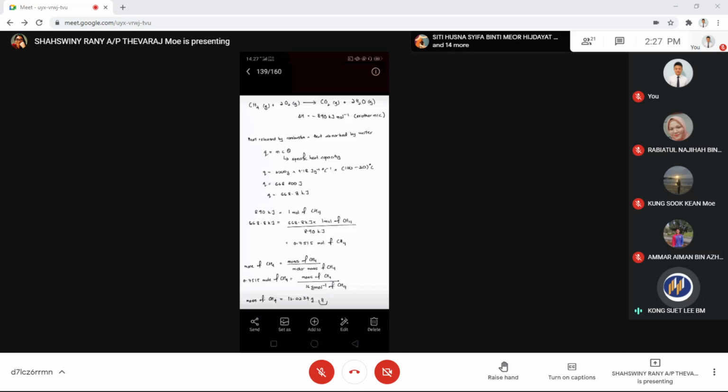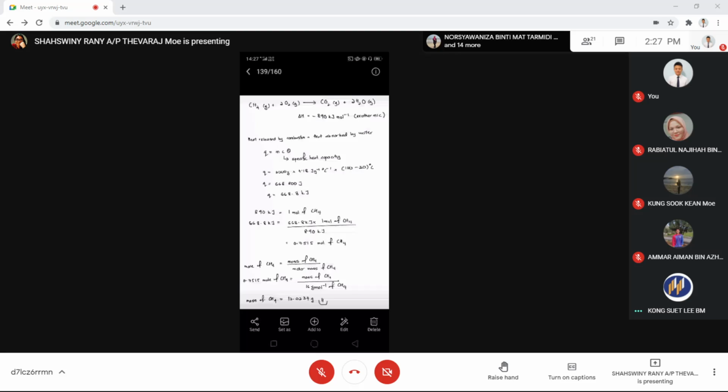Okay, Shah analyzed the question. Very good, then proceed. So first step is write the equation: CH4 plus 2O2 will produce CO2 plus 2H2O, and delta H is equal to negative 890 kilojoule per mole because it is combustion and exothermic. The heat of combustion is equal to heat absorbed by water. So we use the formula Q equals mc delta T, where c is the specific heat capacity.